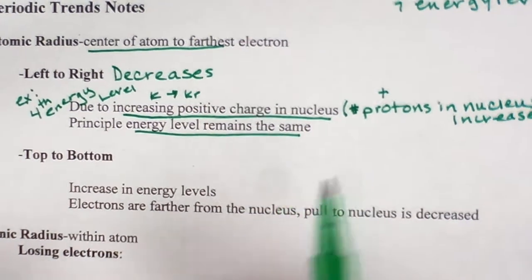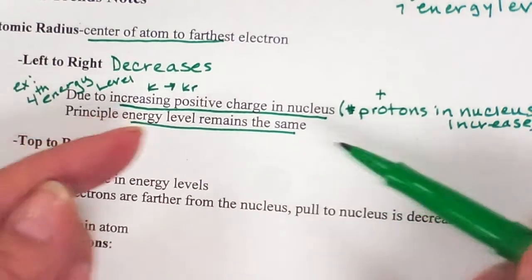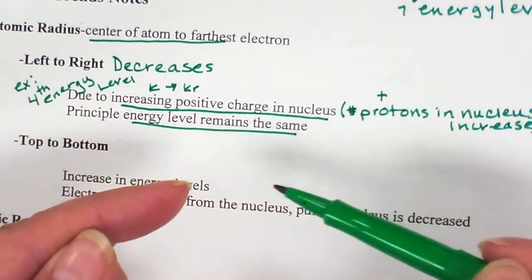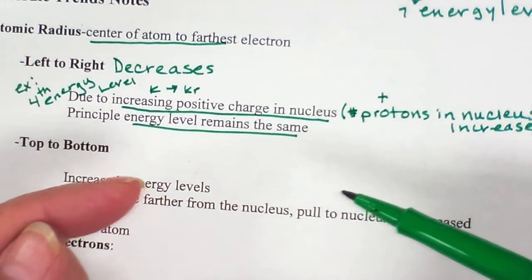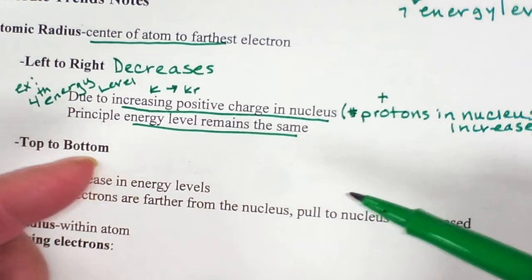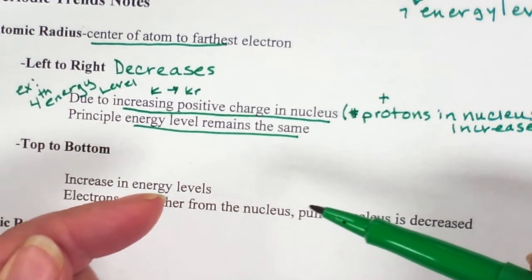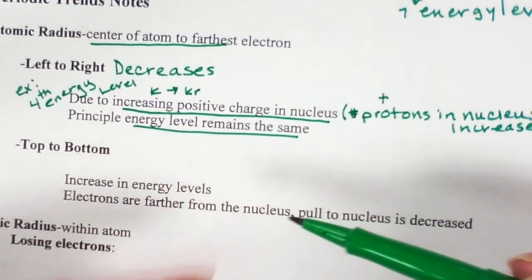But the electrons surrounding it aren't getting any farther away. And so what's happening is they're getting pulled in closer and closer because the power of that nucleus is getting greater and greater. So the size of the elements as we go left to right are getting smaller and smaller because the power of that nucleus is getting greater and it's pulling those electrons in tighter and tighter.